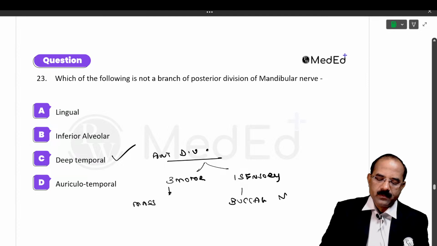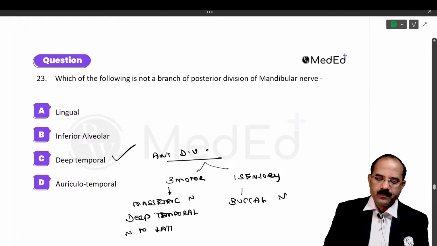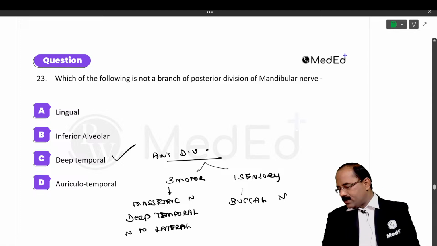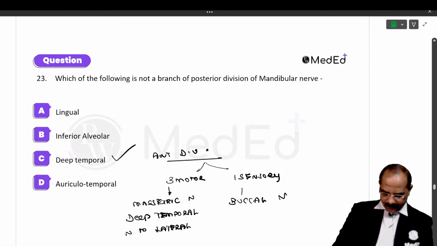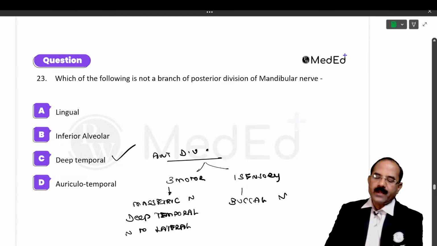What are they? Masseteric nerve, deep temporal nerve, and the nerve to lateral pterygoid.